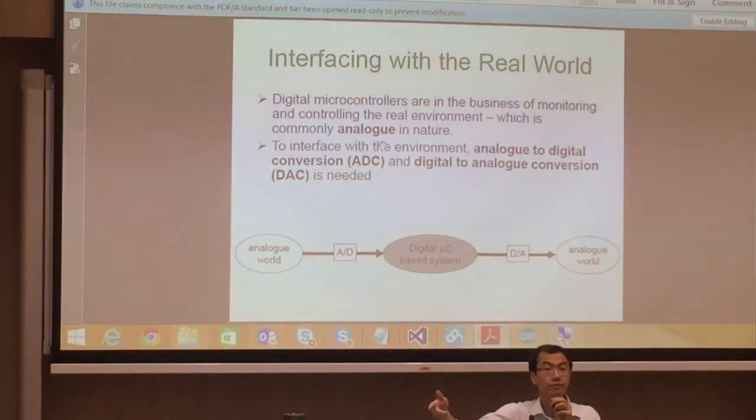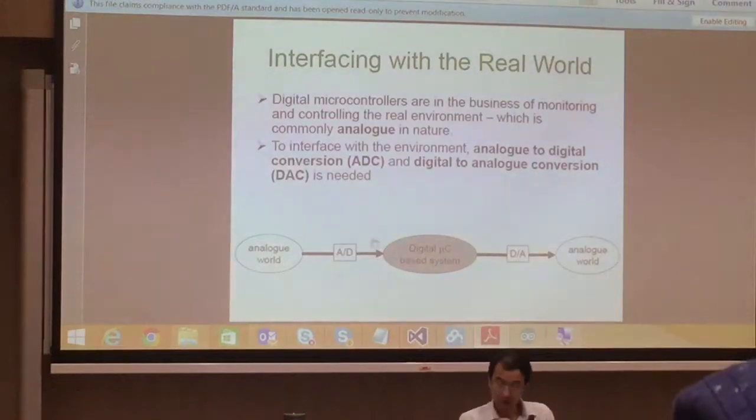You need an ADC to convert this data into digital data so that the Arduino can process it. So Arduino has its own ADC, which is the analog to digital converter.